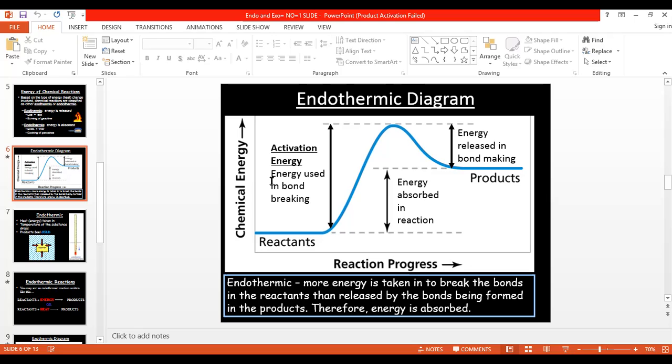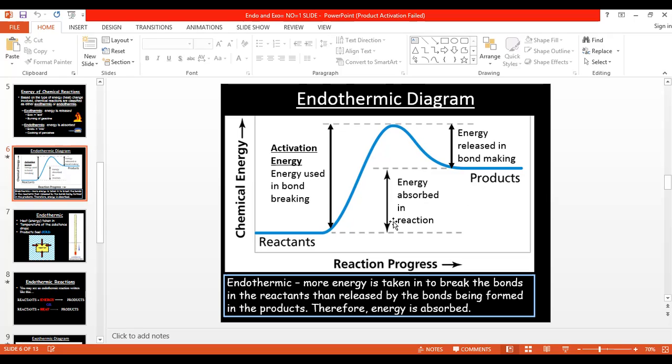What is activation energy? Energy used in bond breaking. So from this point the bonds start to break, and then the maximum amount of energy is this peak. This peak is what we call activation energy. This peak tells us that the reactant is now completely converted to product.